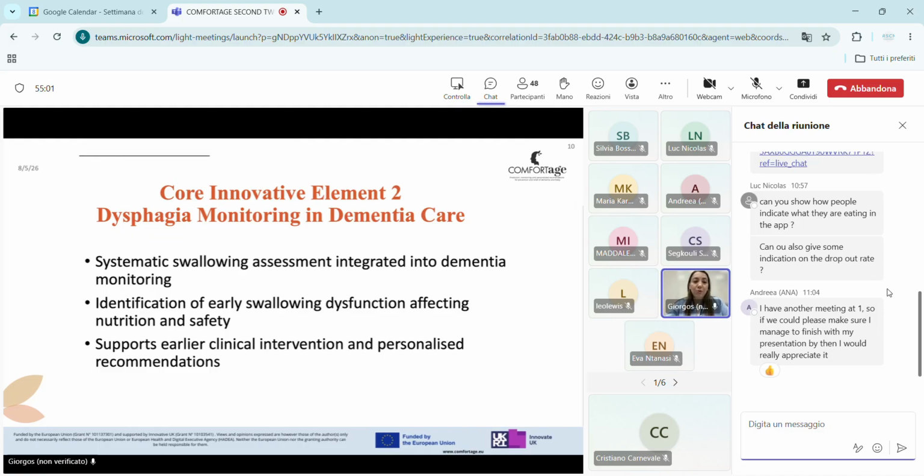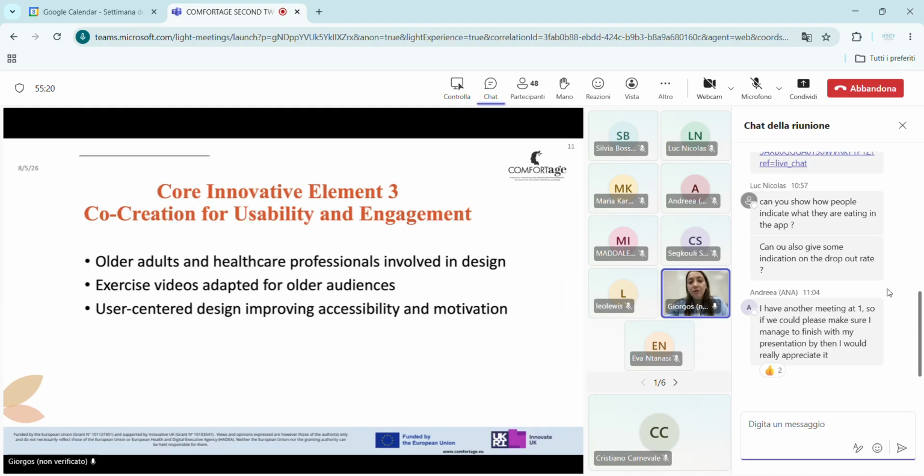So we want to allow a systematic swallowing assessment to be integrated into the dementia monitoring, and see whether we can identify early swallowing dysfunctions which affect nutrition and safety. This will support an earlier clinical intervention and personalized recommendations.